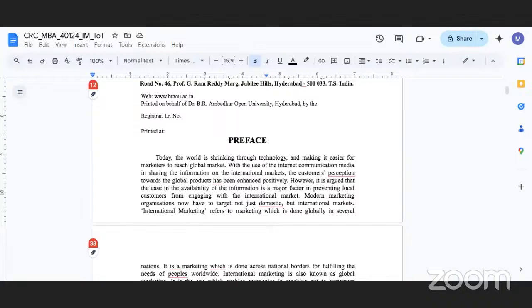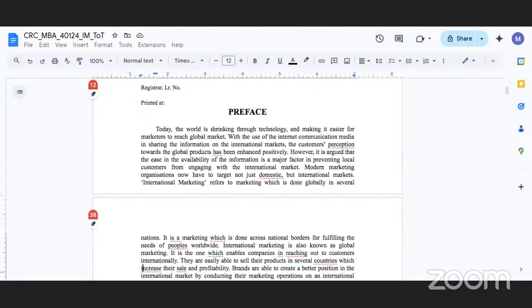So here, when we talk in terms of the reach of global market, we are talking in terms of not just the local customers, but international customers who are also privy to our products. They would be interested in purchasing our products. It could be due to a number of reasons. It could be in terms of the availability, the product quality, the pricing, or any other matter.